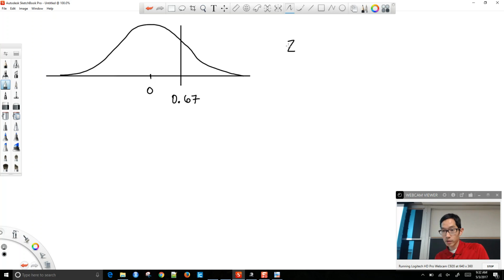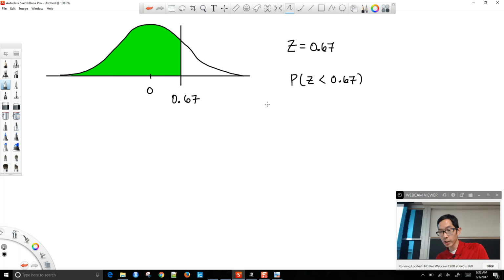So z is equal to 0.67, and I can ask, what is the probability that z is less than 0.67? Less means we are shading to the left.